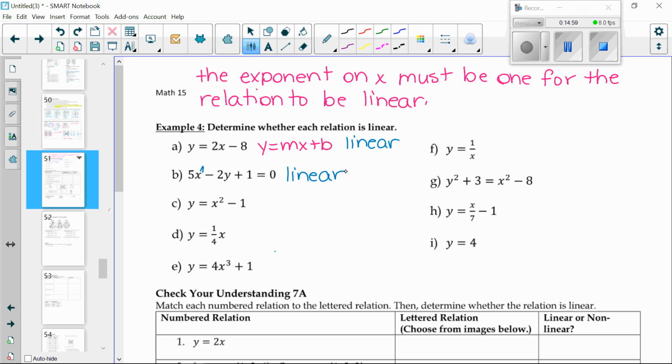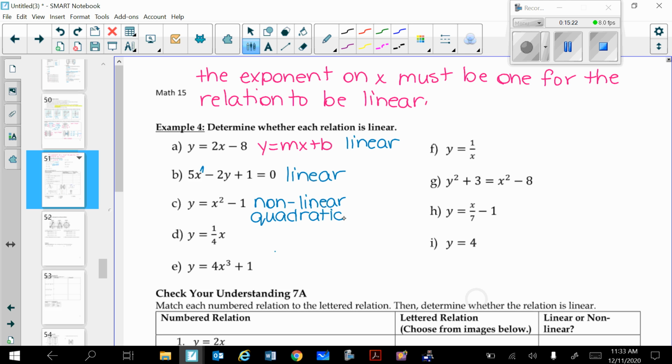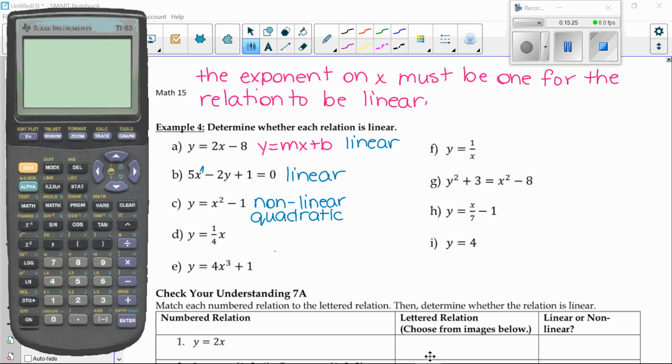Now, y equals x squared minus 1. Looking at this one, the exponent is 2. Therefore, this is non-linear, and it is actually quadratic. I'll show you what that looks like. If I pull up my calculator and turn it on, there we go.